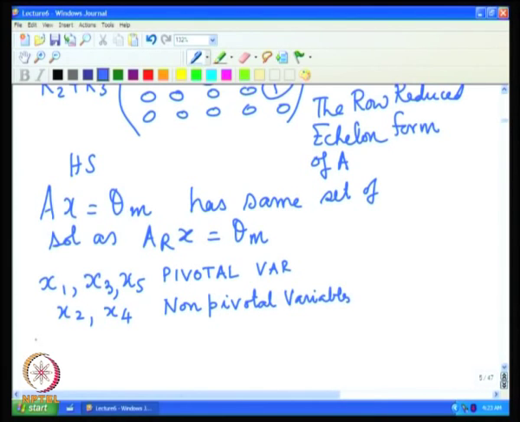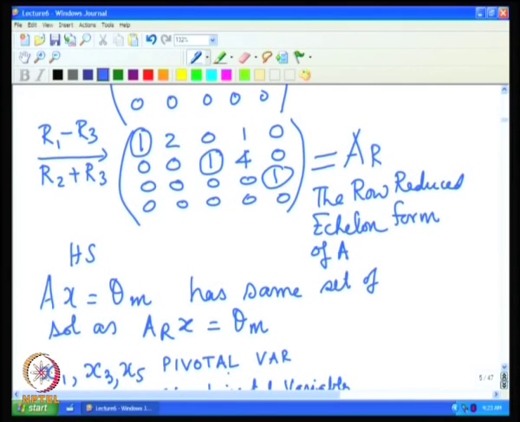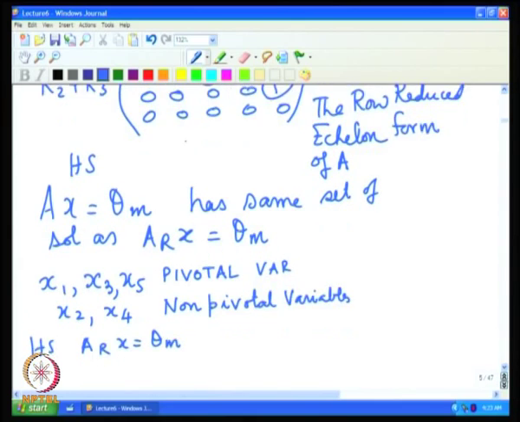Now, what is the homogeneous system A r x equal to theta m? If you look at the matrix, the first equation is x 1 plus 2 x 2 plus x 4 equal to 0.